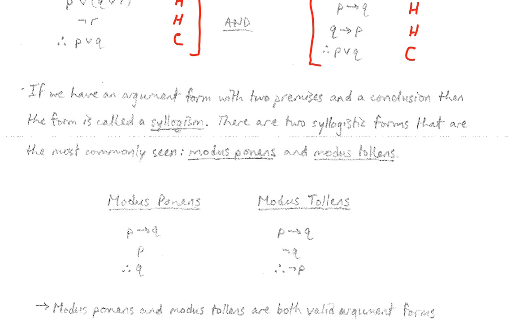But just looking at these should be ringing some bells. The entirety of Modus Ponens: if P then Q, P, therefore Q. For this, you should think back to the truth table for the conditional.